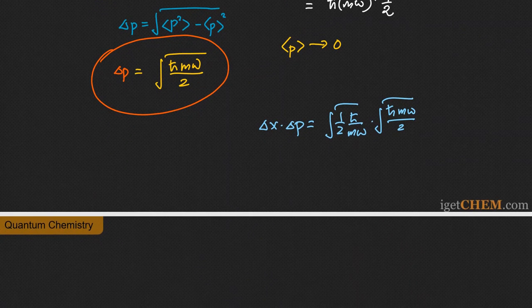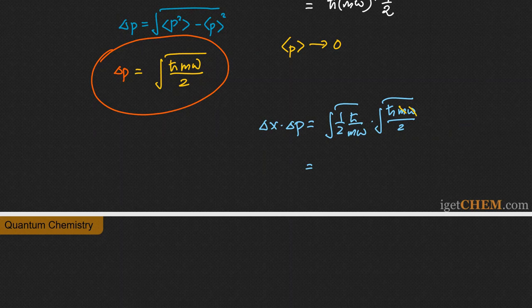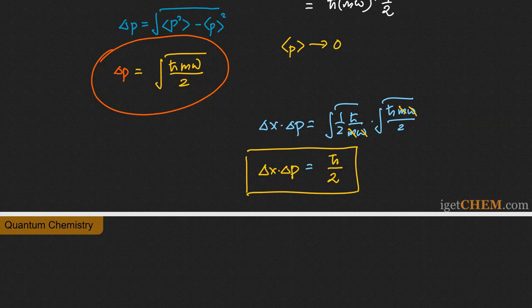And so clearly the m omega cancels, you have two factors of h bar but the square root, so just h bar, and two factors of 2 but the square root, so this is h bar over 2. So finally we got this relationship, which is precisely the uncertainty relationship that you expect.